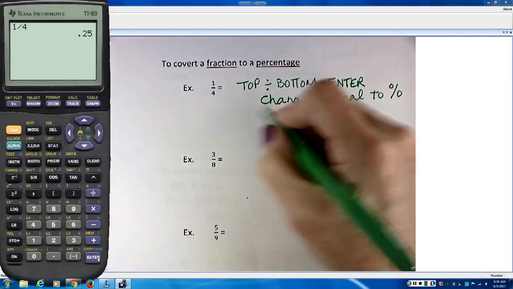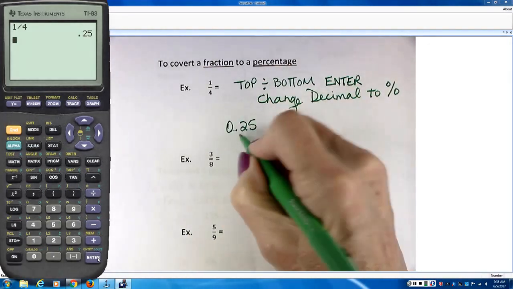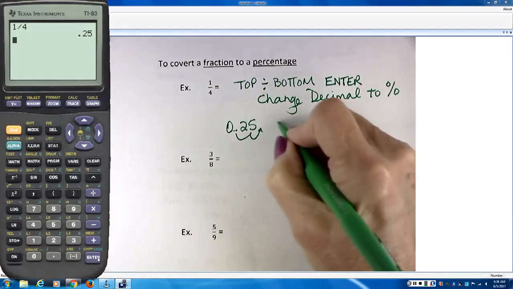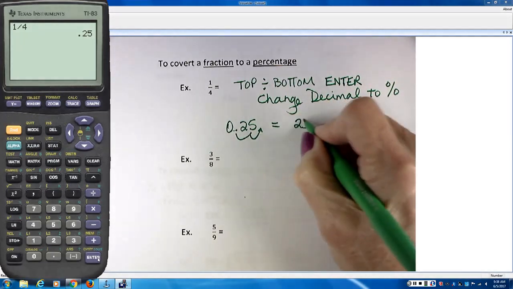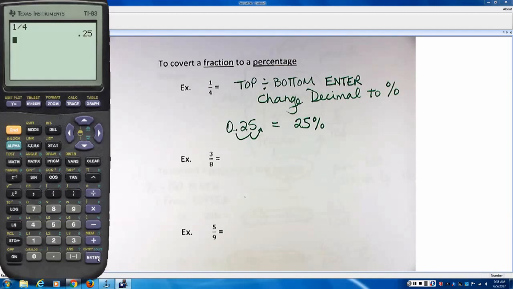So that's going to be 0.25, 1, 2, equals 25%. She got it, she didn't have it turned on. It goes off, it thinks it's saving the battery, even though it's a computer program.